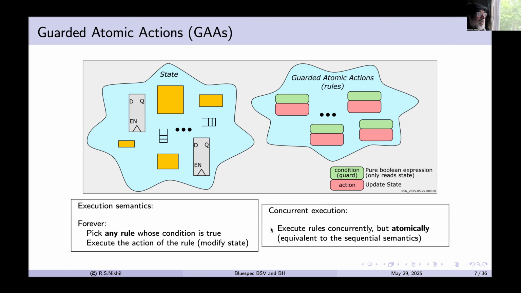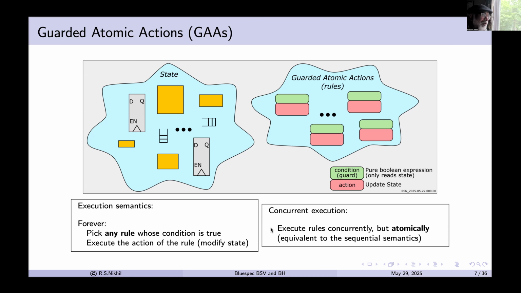Equivalently, you can execute it concurrently, many rules at a time, as long as you execute the action for any rule atomically. The idea is that the action of a rule may perform many state updates on many state elements. And if you take two different rules, they may overlap in the state elements that they examine or which they update.